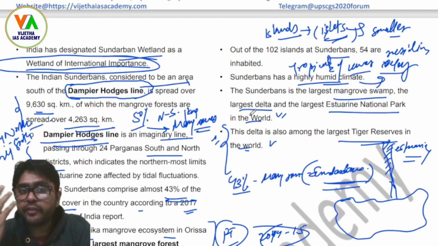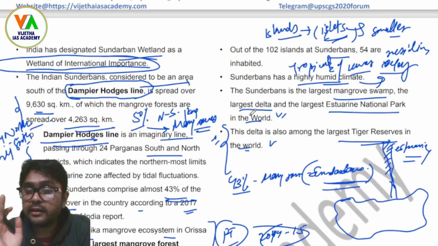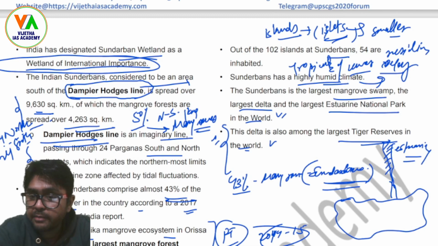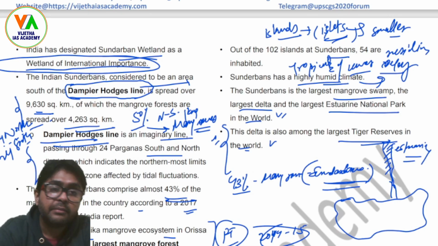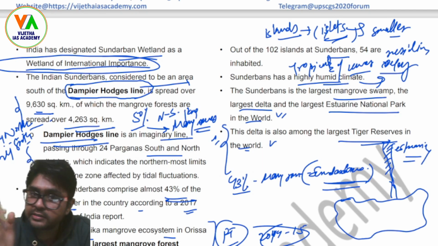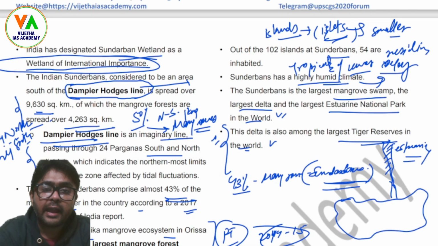So this much information is given in this article, and it is important for your prelims because any kind of question could be asked in this section, especially about the type of marine animals found there. So in this context you should understand this topic, and we have discussed its importance. So that was all about the Sundarban Delta and the Bali Islands in the Sundarban region. Thank you so much.